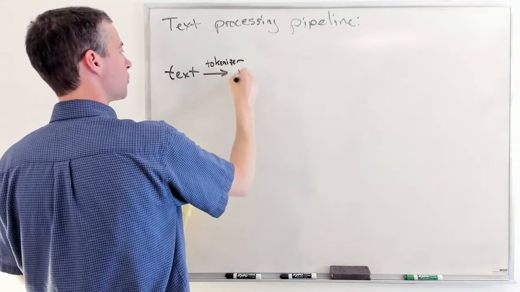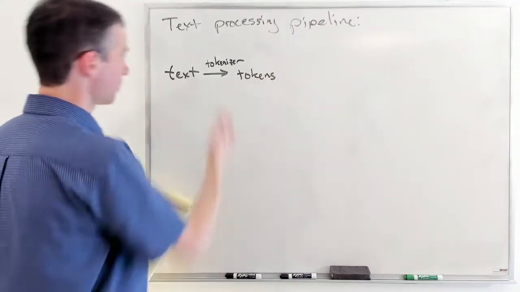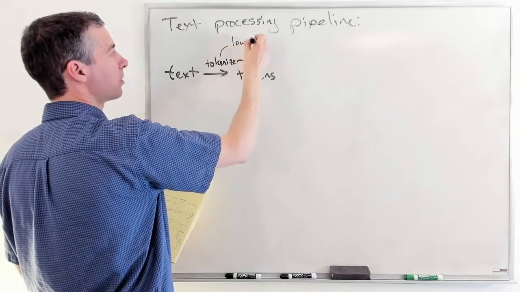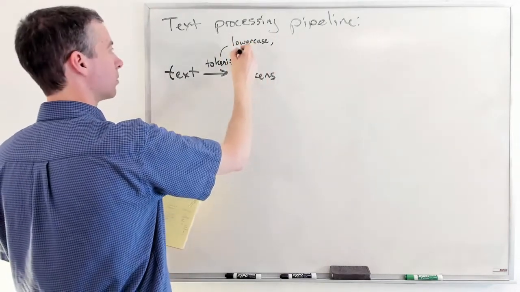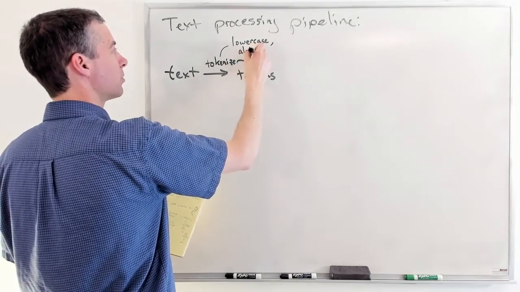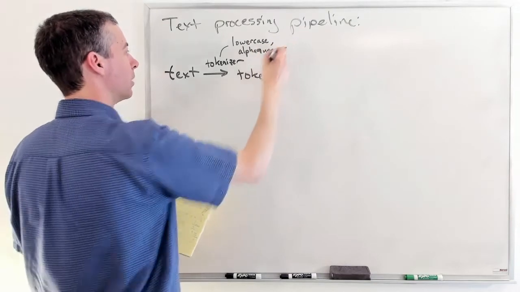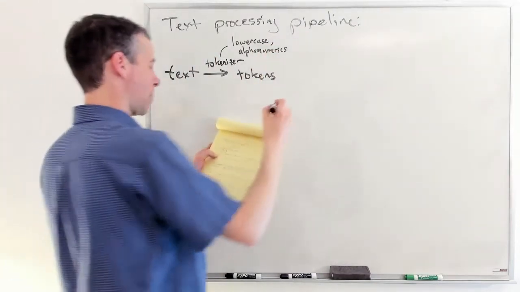That's going to produce for us a set of tokens. Our tokenizer is all about downcasing, or using lowercase. And again, we're going to maintain that our strings are strings of alphanumerics. We're not going to try to separate the letters and the numbers if they're touching.